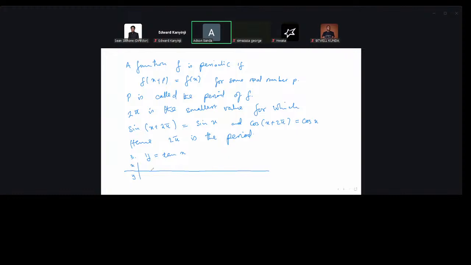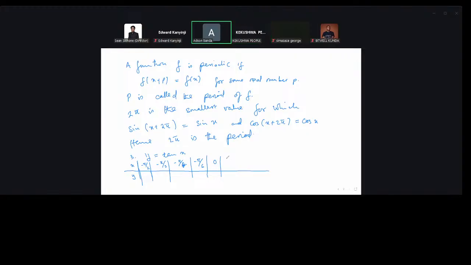In this case, I will start with negative pi by 2, then minus pi by 3, minus pi by 4, then minus pi by 6, 0. I'm just picking the standard angles whose ratios we can easily get.